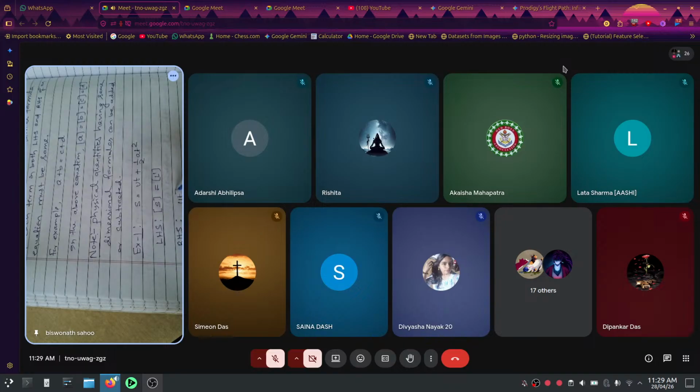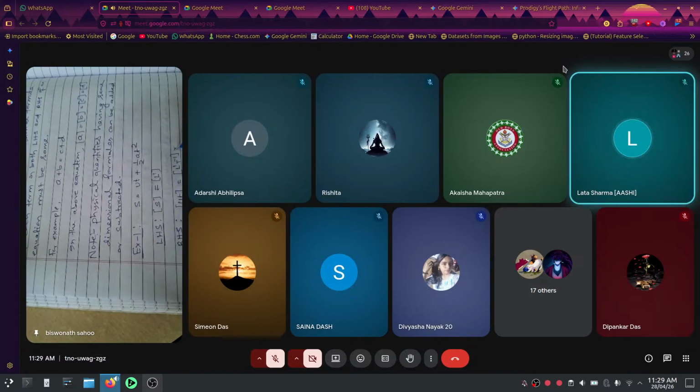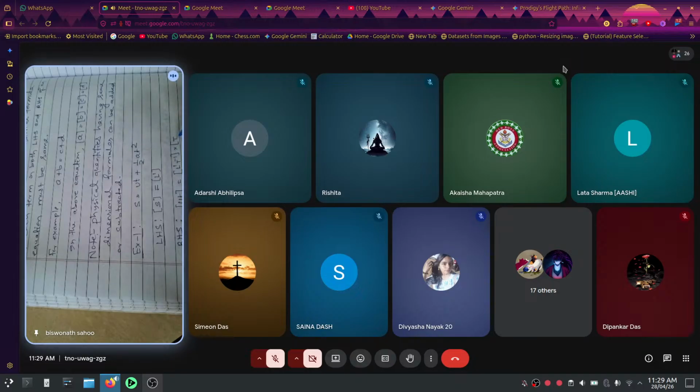So for ut, the dimensional formula of u is L1 T minus 1, and t is T1. So the final becomes L1, since T minus 1 and T plus 1 cancel out. So the dimensional formula of ut becomes L1. Is it clear? Yes, sir. Then half at square.